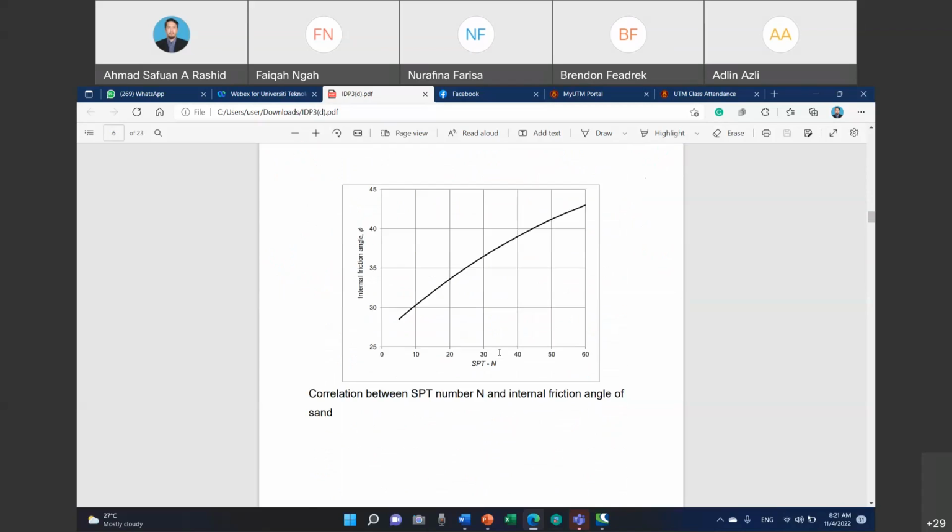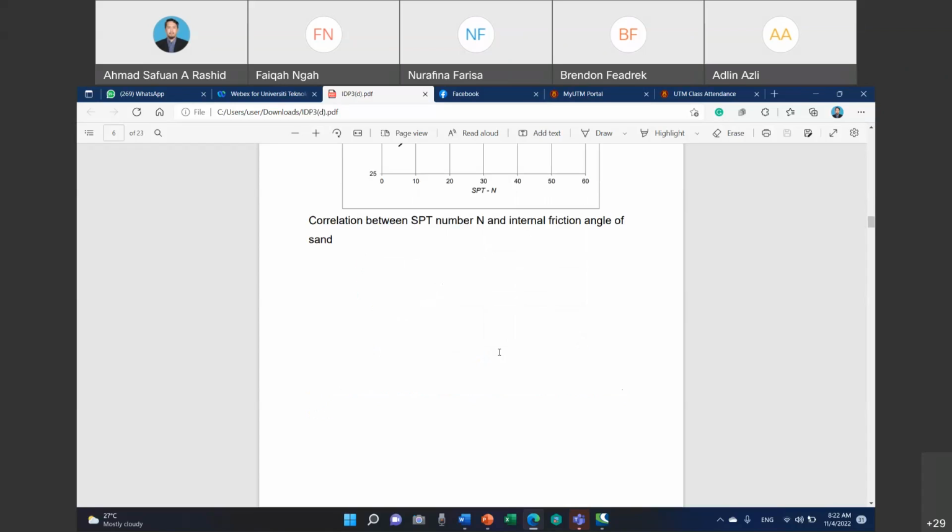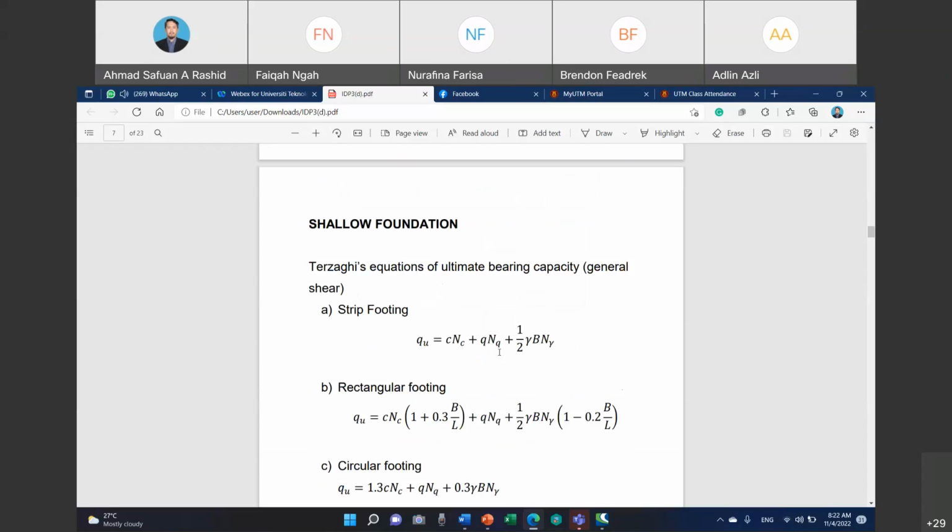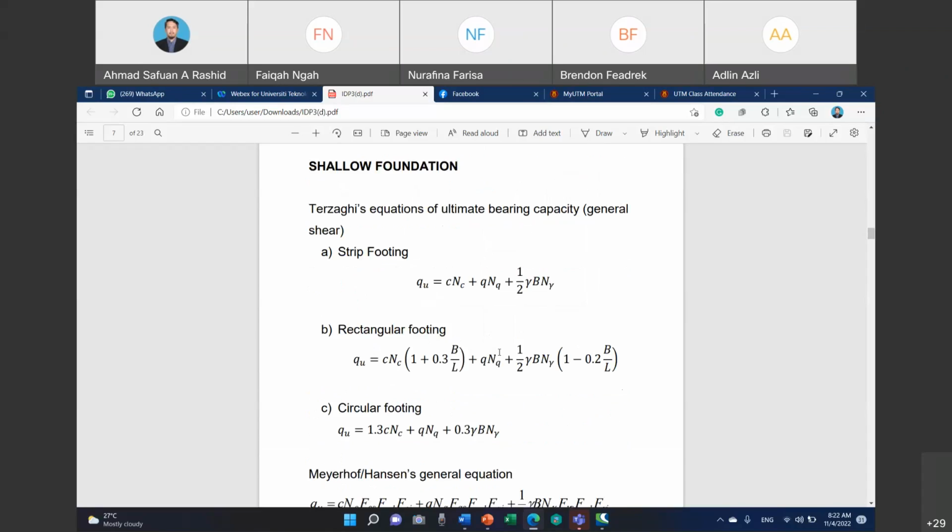Then later on you may convert the internal friction angle into an allowable bearing capacity based on either shallow or deep foundations. Kalau ada soalan tanya saya, go through this PDF dulu, nanti saya akan pergi pada slide.